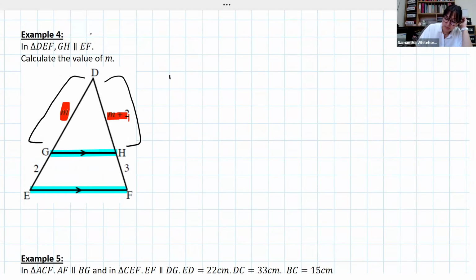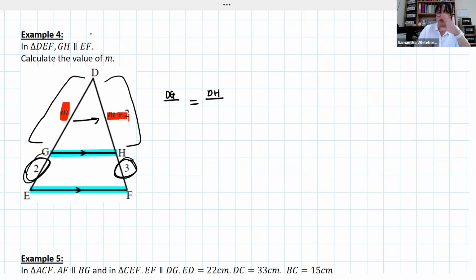So I'm going to go DG over, and we'll decide what it should be over now, is equal to, and DG corresponds to DH. So DH over, and we'll decide. So now I look at my triangles and I see that in both cases, I've been given the bottom segment. So that's perfect.